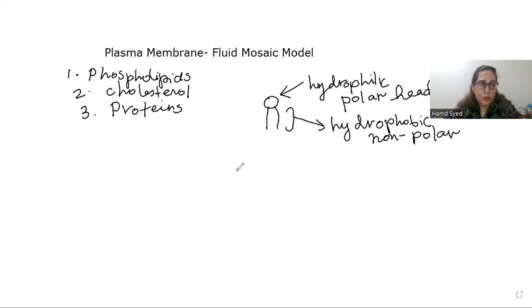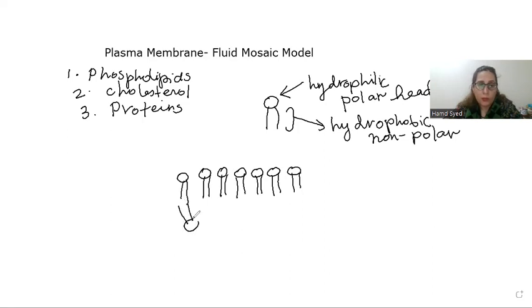Now, what is the arrangement of the phospholipids within the plasma membrane? The arrangement is such that the polar heads will be present on the outer aspect of the plasma membrane because they are the hydrophilic ends, whereas the fatty acid tail regions are hydrophobic, so they will be present in the inner aspect.